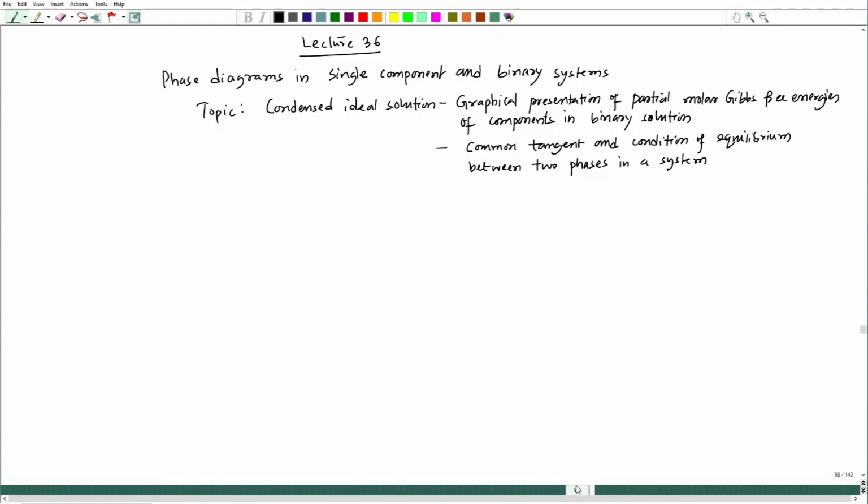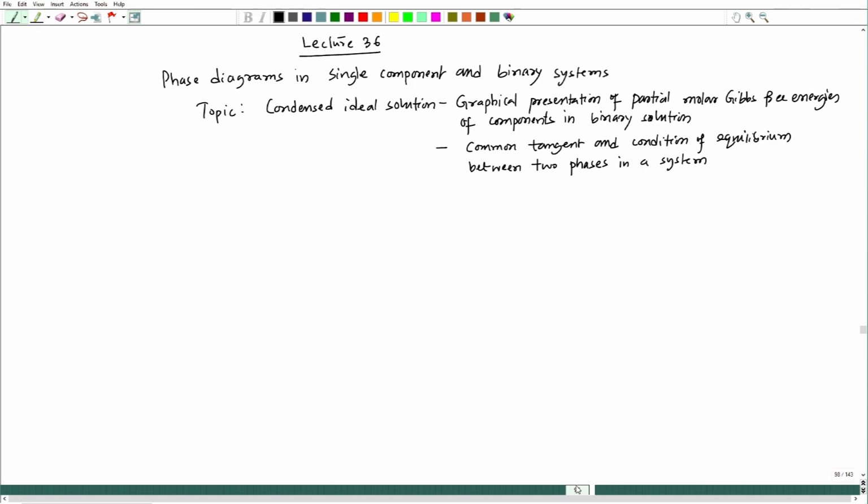Okay. So, let us look at that. So, these are two topics: graphical presentation of partial molar Gibbs free energies of components in binary solution, and common tangent and condition of equilibrium between two phases in a system.